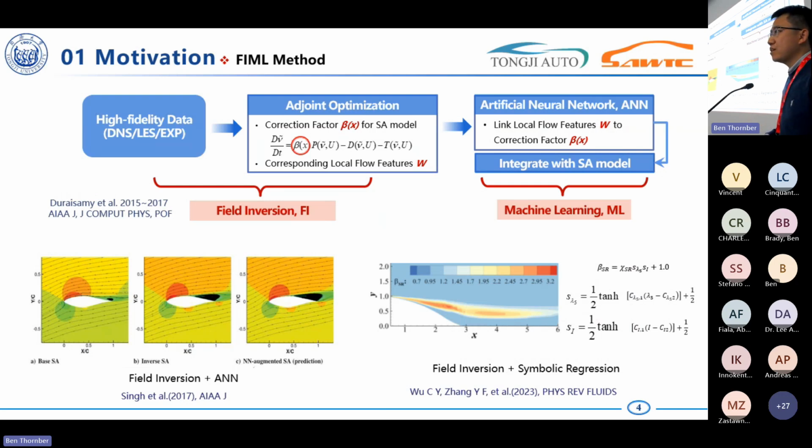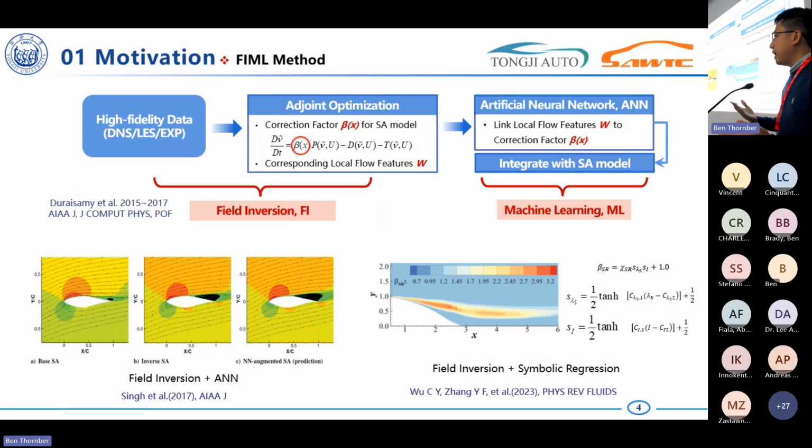I think one of the standout methods is field inversion and machine learning. This method consists of two steps. The first step is called field inversion. For example, in a model, a correction factor beta is added to the production term.